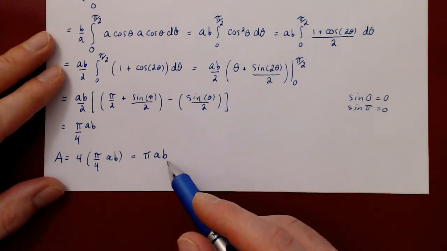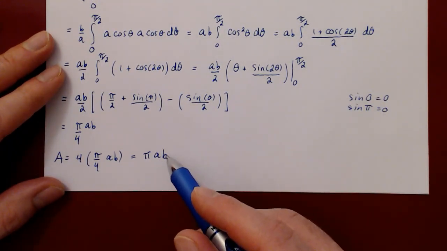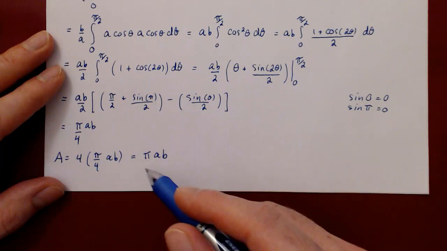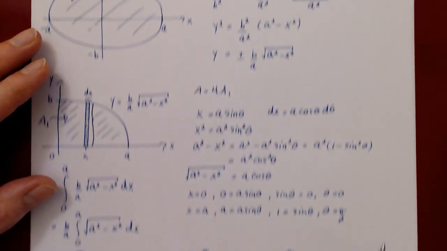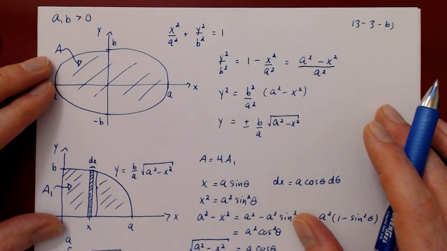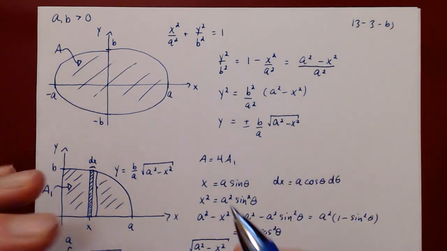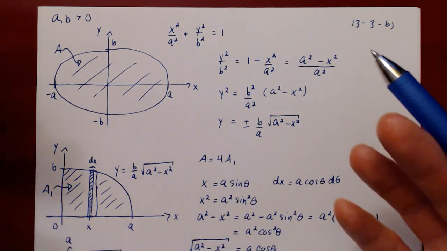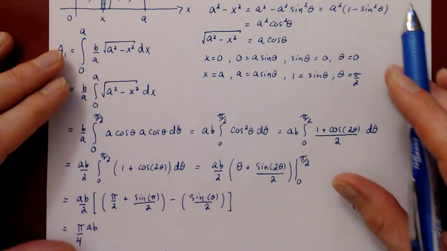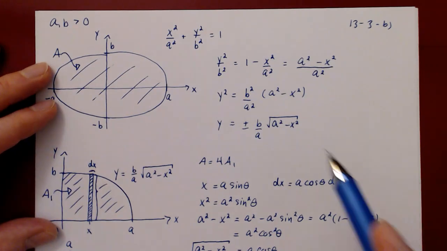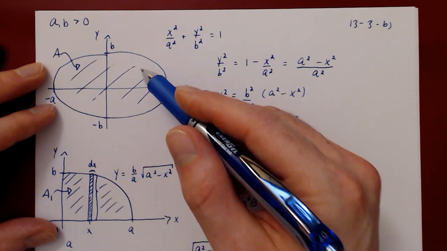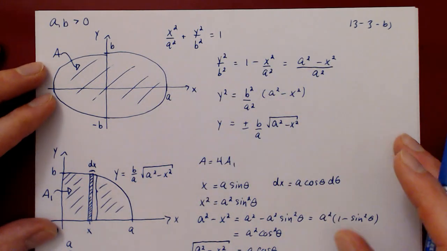So if a and b are equal to r, we recover the area of the familiar circle, pi r squared. So just a beautiful application of integration and a trigonometric substitution. So again, the area of an ellipse in general is simply pi times ab, and that's it.